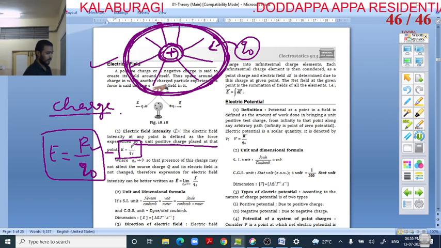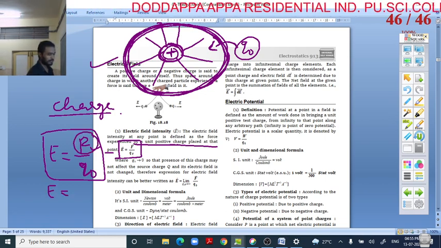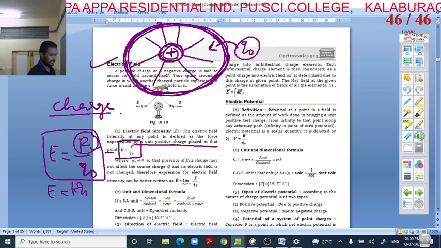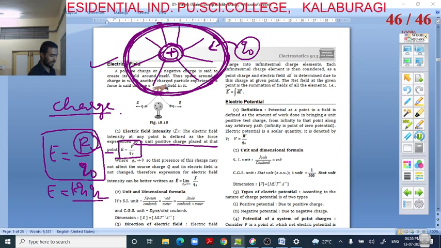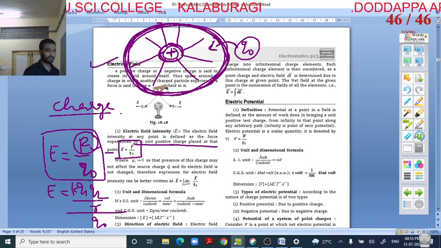We already know the force of attraction and repulsion, so I can write this formula in this manner also. The force F equals K Q1 Q2 divided by R square, divided by Q naught. So this is the electric field formula.